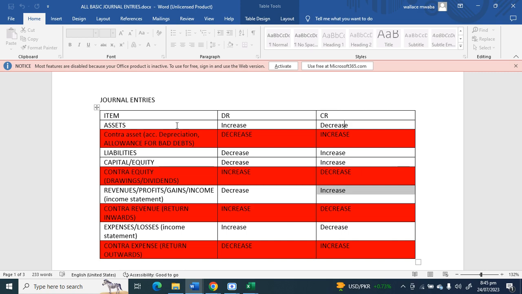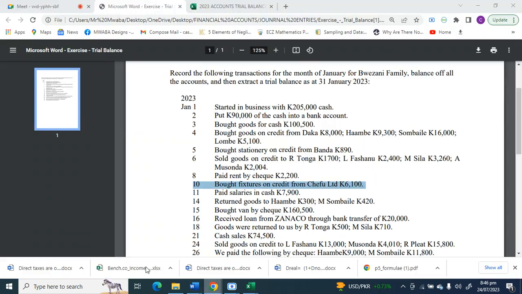So you debit it, since we have acquired a new asset. So you debit fixtures. Then Chef Limited, their liability. We've acquired a new liability, increasing a liability, you credit. So colleagues, our advice at least is that you print out this table whenever you're studying accounts. You can refer to this table. So you debit fixtures, credit Chef Limited 6,100.